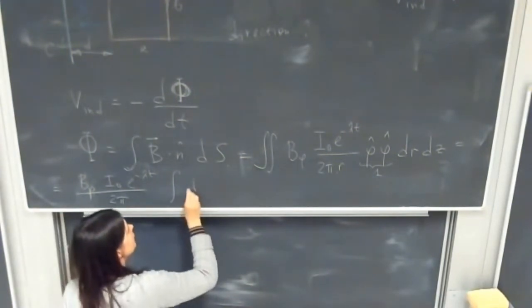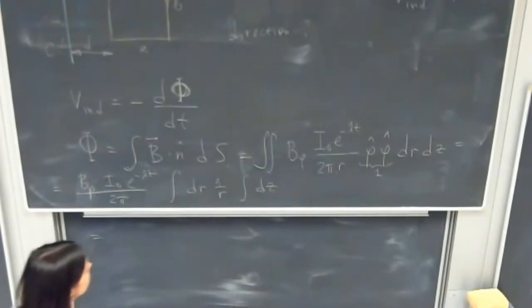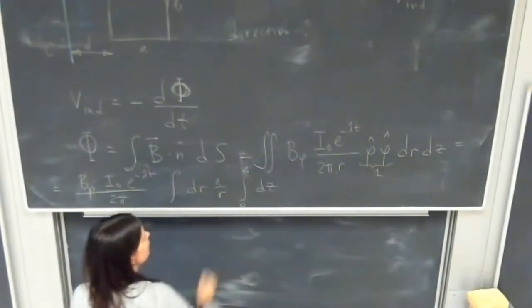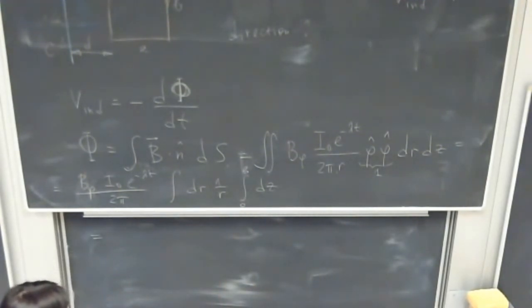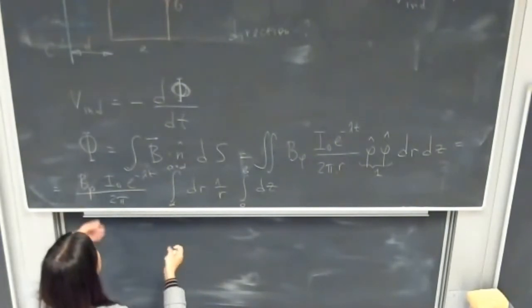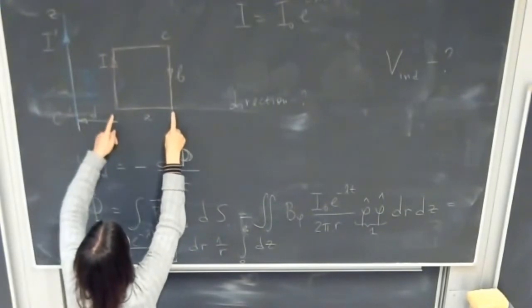So dr is what? We have the length b, let's say from 0 to b, and it would be easier. And for dr it is from a plus d to d, from this point to this point.